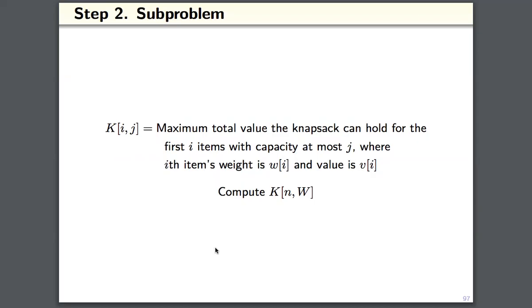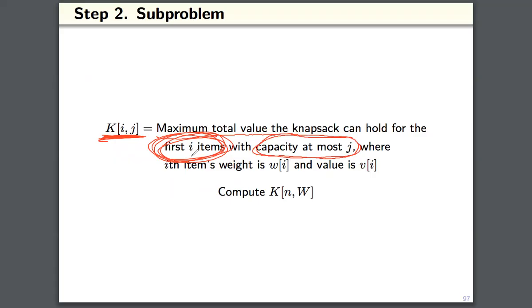Let K(i, j) be our subproblem. Why do we have two indices? Let's see. This is the maximum total value the knapsack can hold for the first i items. i means first i items, and j means the utmost capacity is j.